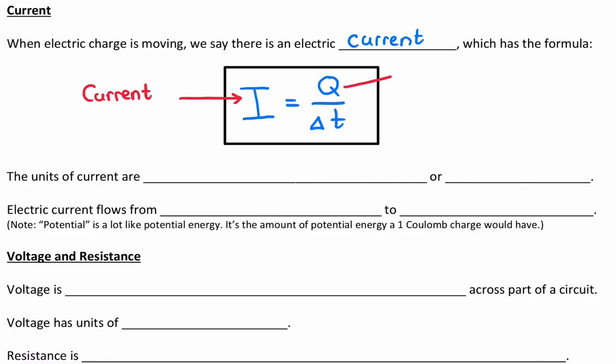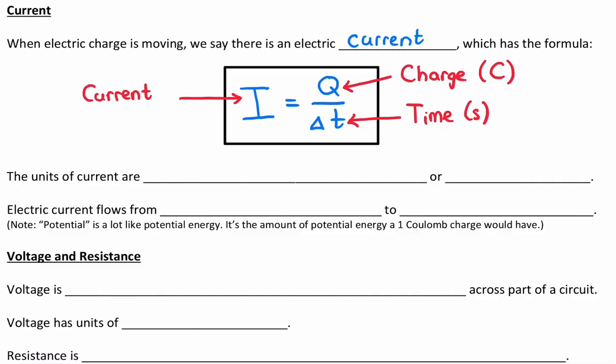Q is the symbol for charge, and it's measured in units of coulombs. And T, as we know, is the symbol for time, which is measured in seconds.